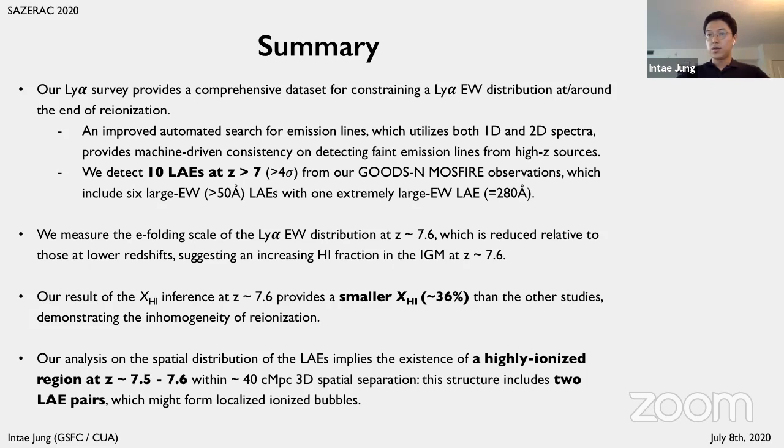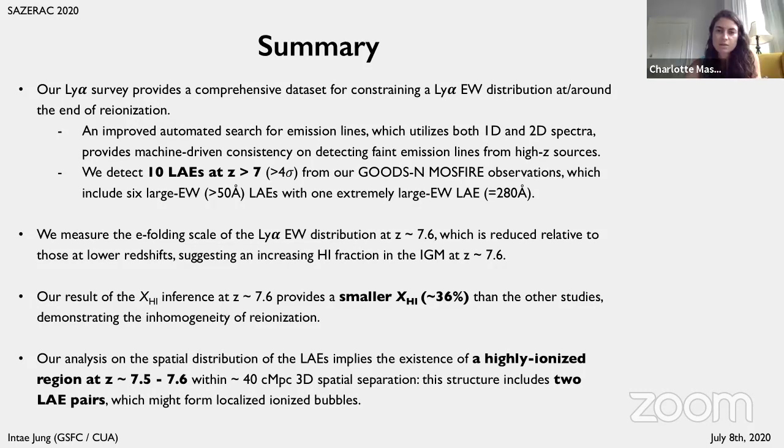When I calculate the neutral fraction, we include all of these overdensities, and we also test our value by removing those overdensity regions, so removing those 4 clustered Lyman Alpha emitters. That would improve the measured neutral hydrogen fraction by around 10 to 15% more. So it's more comparable to the other studies, in case we disregard those overdensity regions.